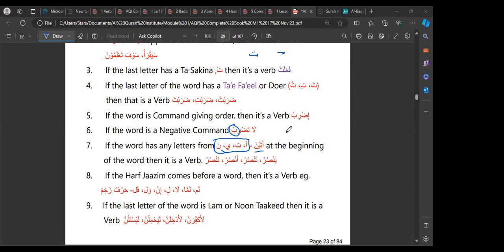Yeah, it's another form of emphasis, like thumma and other versions. To add the lam or noon at the end is a way of balagha to do emphasis. As far as I'm aware, the extra noon at the end will form the shadda.